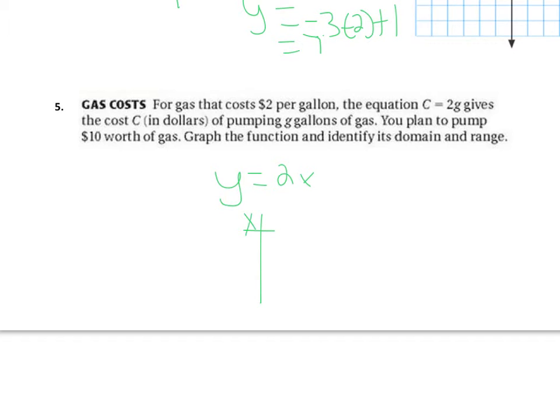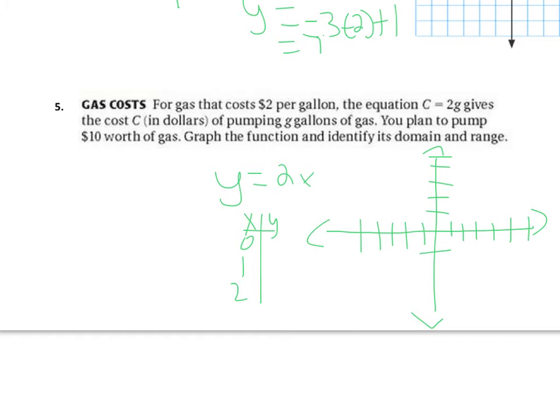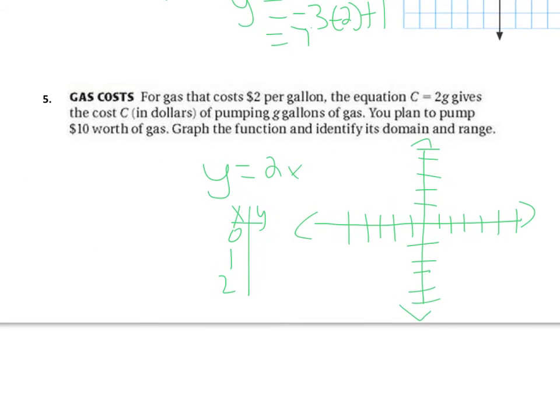Now I'm going to graph 0, 1, and 2. Why am I graphing it this way? Because, can you put in negative gallons of gas?